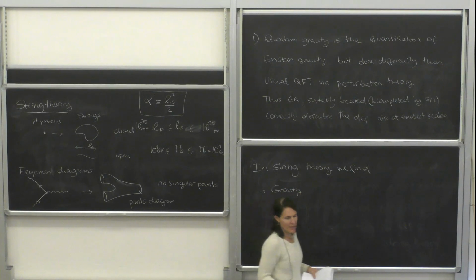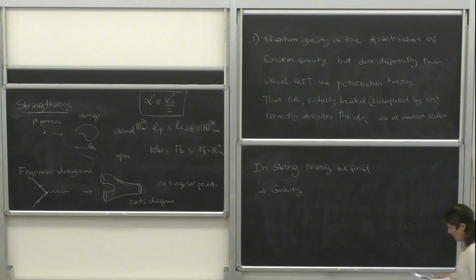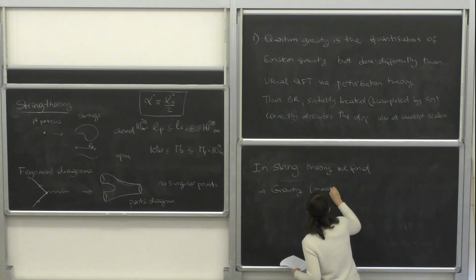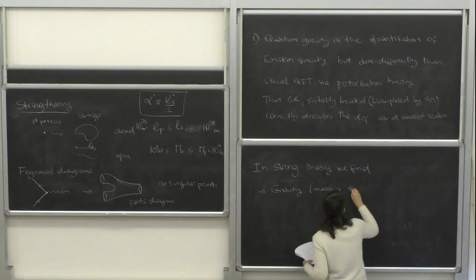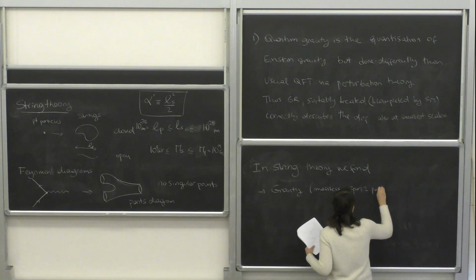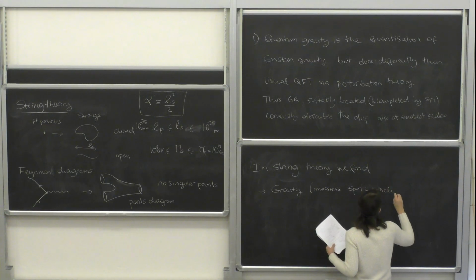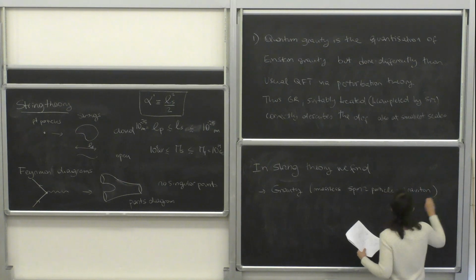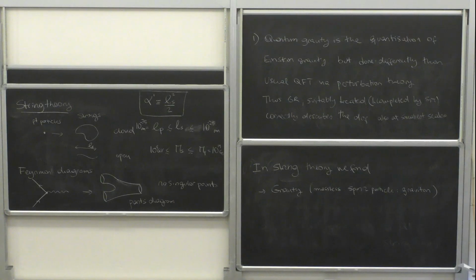We'll find a massless spin 2 particle that interacts like the graviton in GR, and we will see all that. So massless spin 2 particle, which smells like the graviton, but it looks, and it is a graviton. It interacts as a graviton.